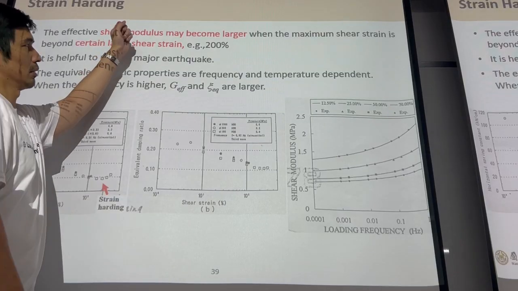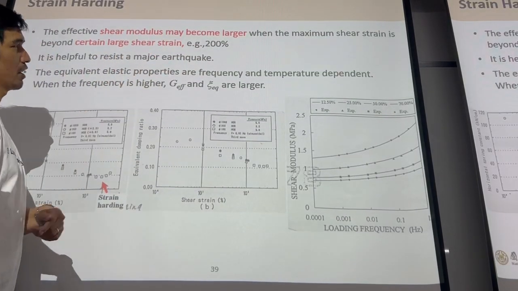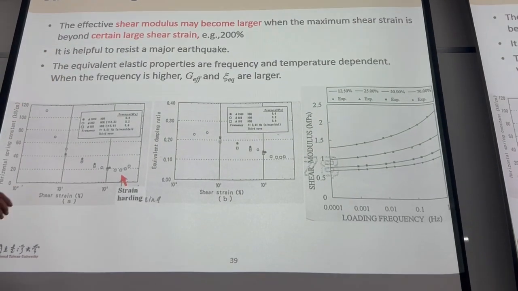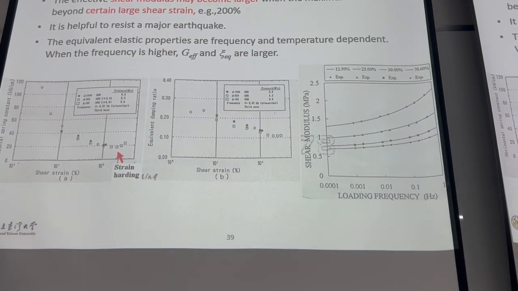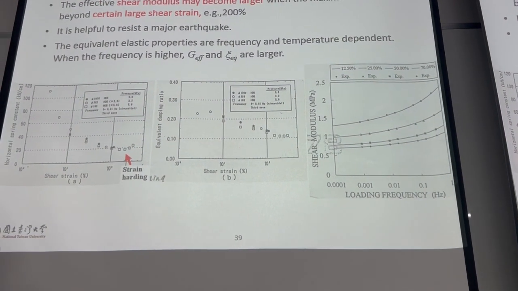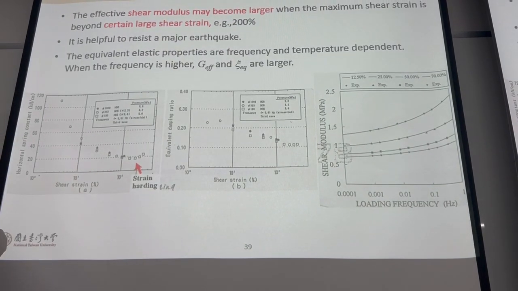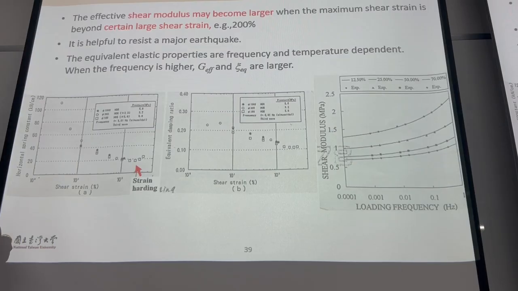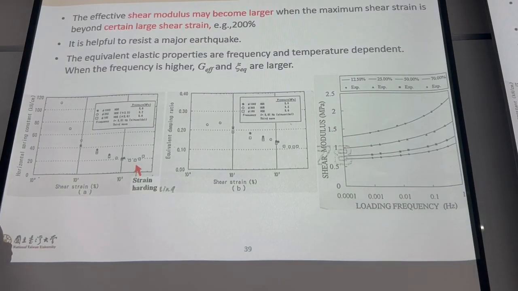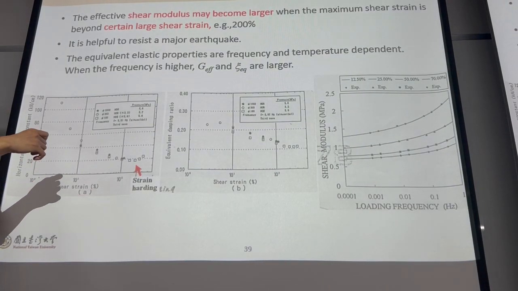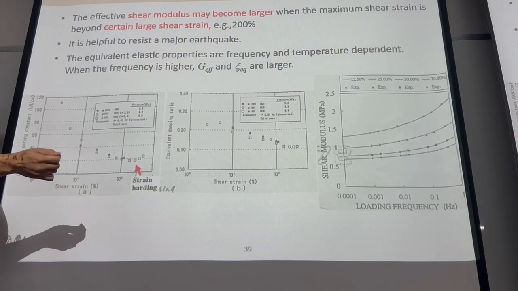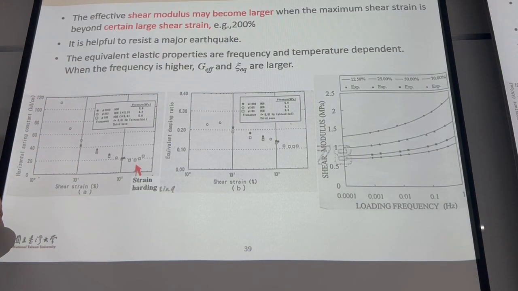So, once you reach that maximum shear strain and beyond a certain range, then your shear modulus will be a little bit larger. So that's hardening. Okay? The strain hardening may not be good because it's more like, for example, a little bit more friction once you reach the hardening effect.